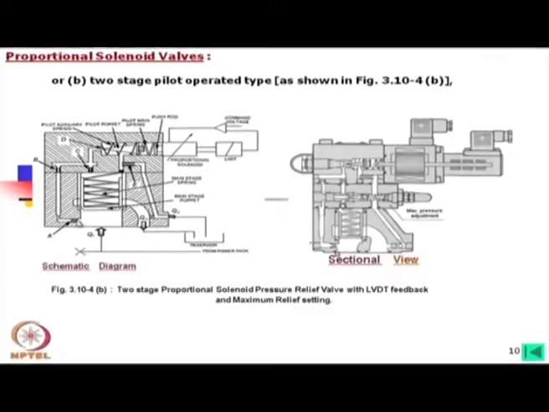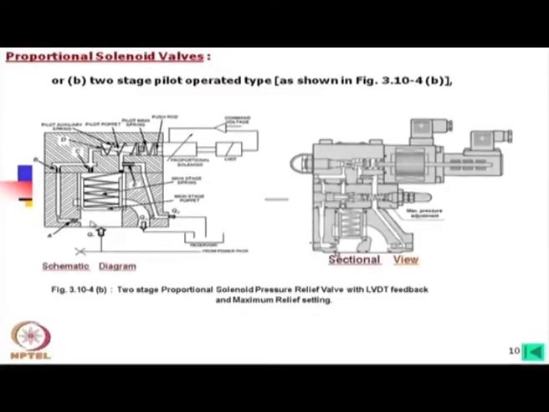We can change this orifice, as if an external insert is there, but there is a permanent orifice too, and after that there is another orifice, and then this is the variable orifice, and then this orifice is connected to the other end of the main spool, and then this is the leakage flow which is going through a capillary passage and to the chamber. Now, this is the system line, and it is connected here.